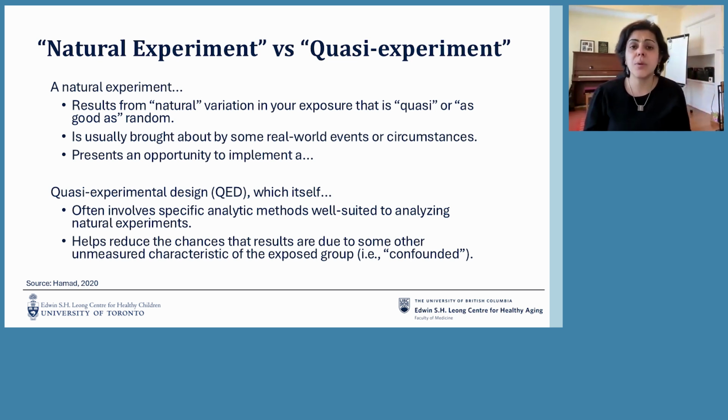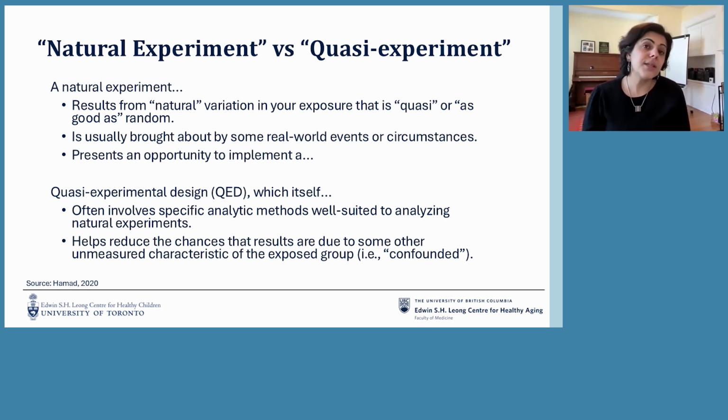So using a quasi-experimental design helps reduce the chances that your results are due to some other unmeasured characteristic of the exposed group, and so it reduces the chances of confounding. However, confounding is still possible, and we'll discuss how to think about this later in the presentation.